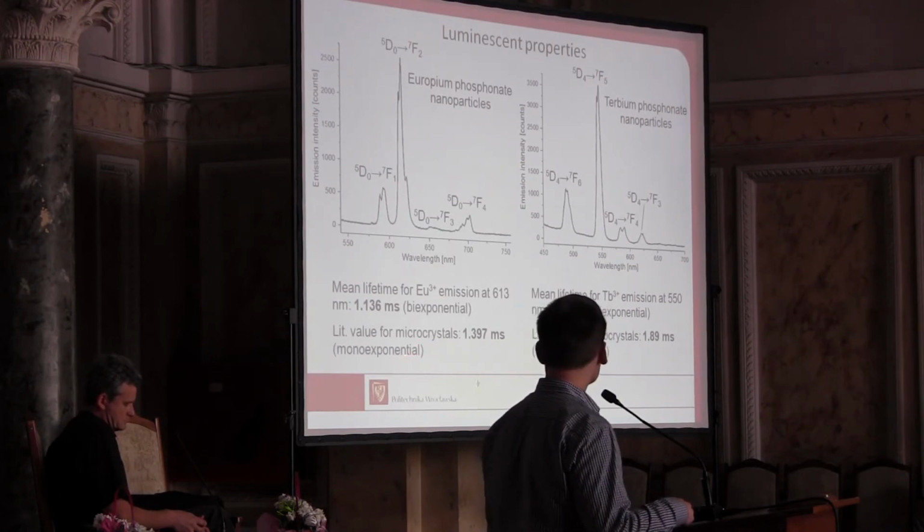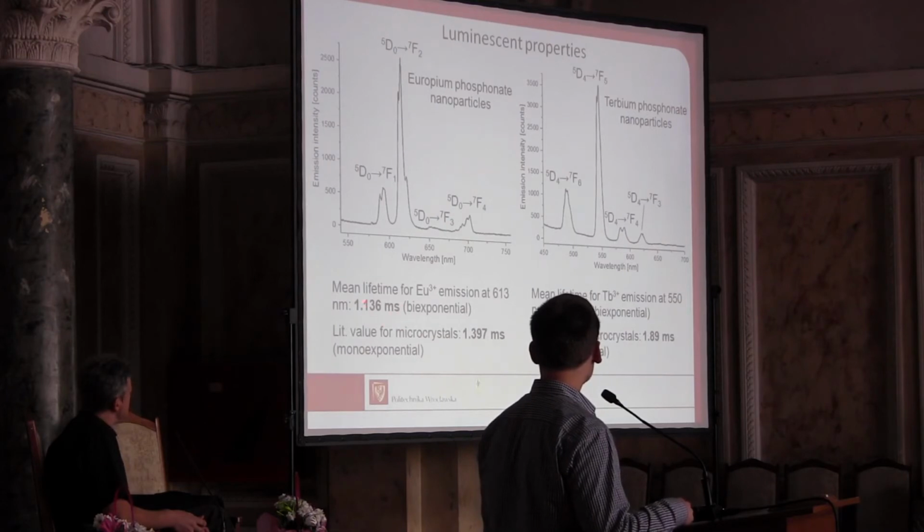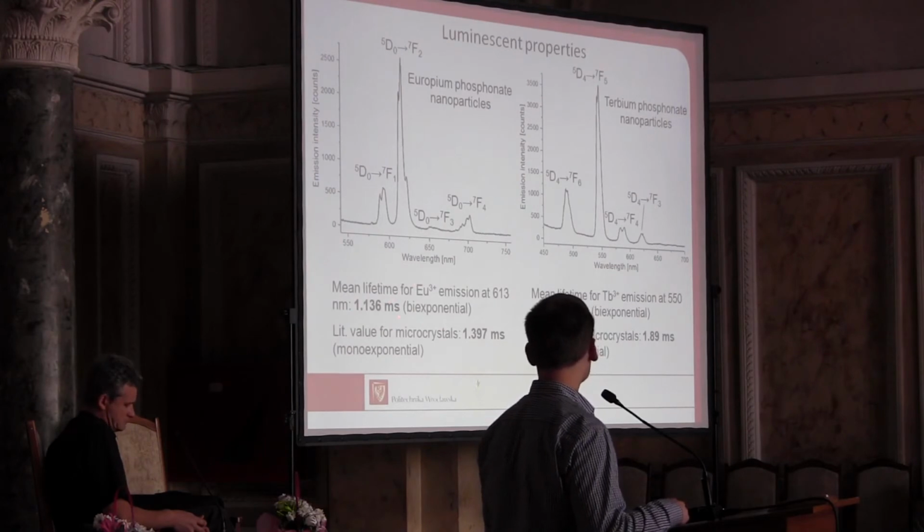In our hands, for smaller materials, we found that the lifetime of europium emission measured at 616 nanometers for the strongest transition is shorter and is about 1.1 millisecond. And analogously for the terbium emission at 550 nanometers, we also noted a bi-exponential decay, with a correspondingly small lifetime.